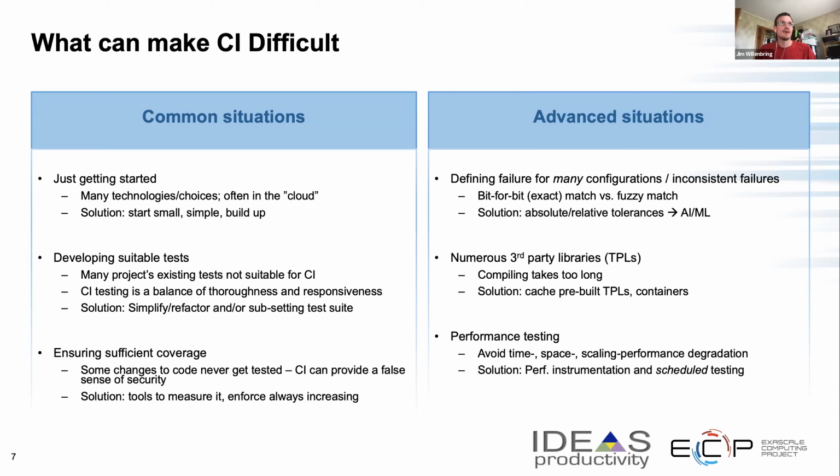Another common challenge is developing suitable tests. Existing test suites aren't suitable for CI in many cases. How long does it take to run? Does it take so long that developers get antsy waiting for results? Are there tests in your test suite that have really tight tolerances and maybe occasionally fail?